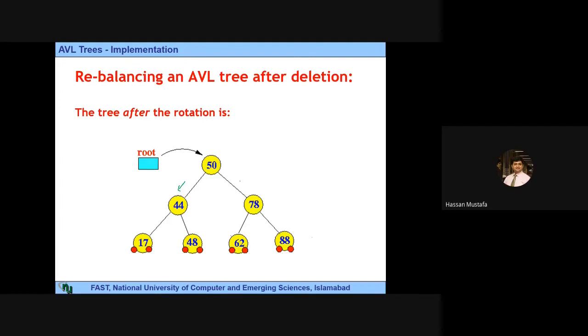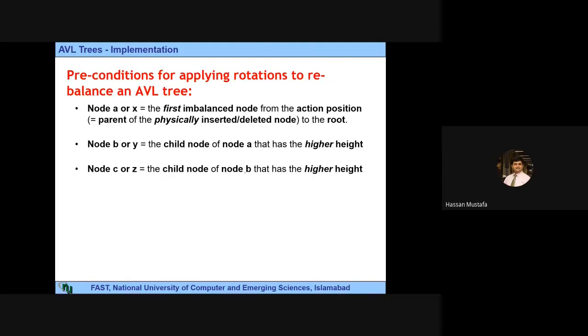Okay, so this is the final tree after the double rotation, but the scenarios to check which rotation is required are now the reverse of the insert function. We deleted a node from the left subtree, but we performed a rotation which moved the heavier side from the right to the left, to the side where the deletion is made. So this is how we did it, and these are the conditions.